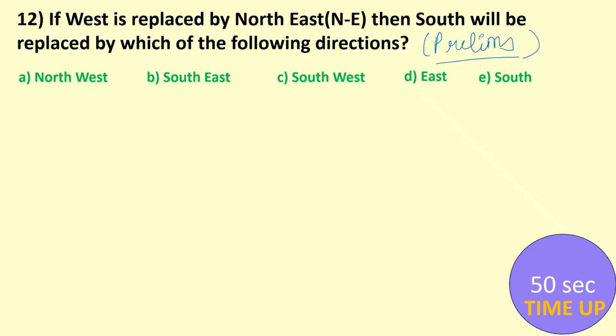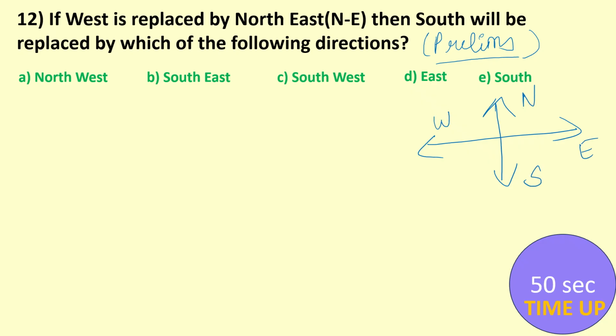Okay, students, time up. So we'll see. If west is replaced by northeast, then south will be replaced by which of the following directions? Okay, you know the direction now. You'll be an expert in this by now. This is north, this is south, this is east, this is west.